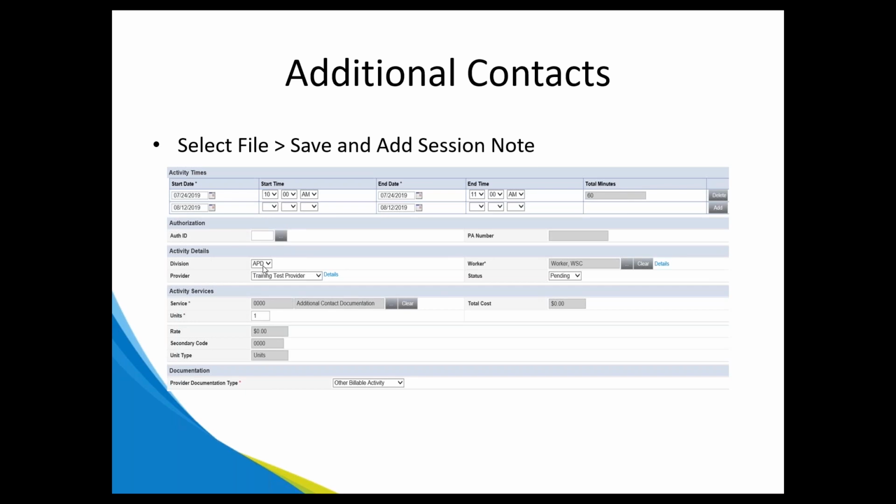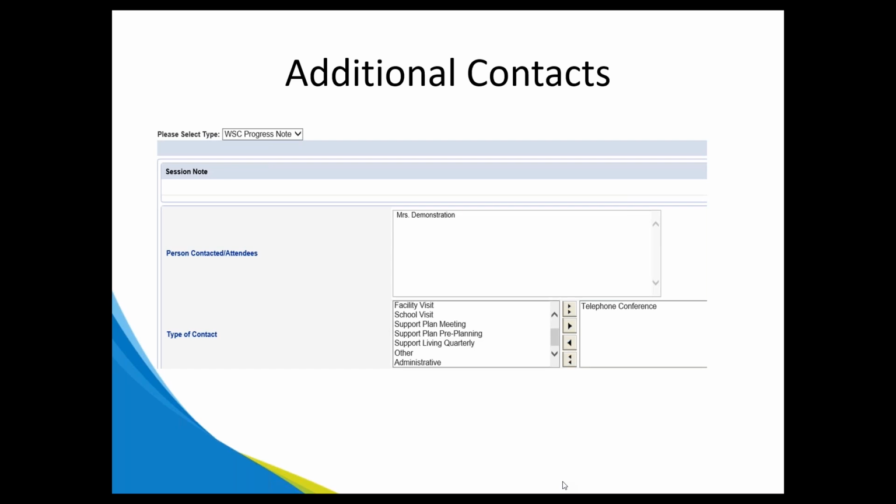I manually added in the APD division and my provider name, and then I used the search ellipsis to choose the additional contact documentation. Added the unit as 1 and selected other billable activity. And then just like I did for the previous documentation record, I did File, Save and Add Session Note, which again opens that session note.